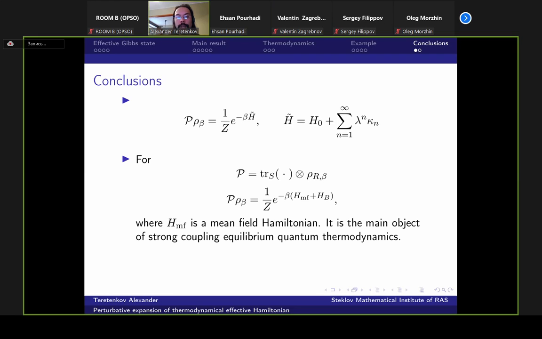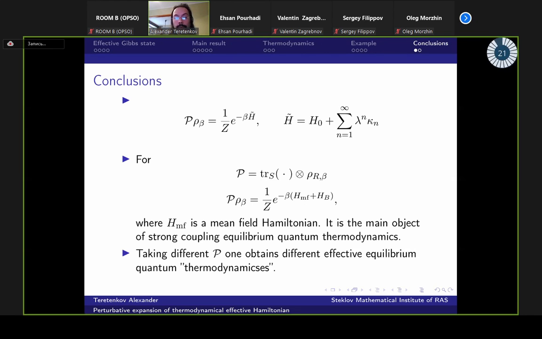Okay. Yeah, actually, conclusions. The main object of this strong coupling equilibrium quantum thermodynamics is the mean force Hamiltonian, and it could be obtained exactly in this setup just by another projector, which is usually used to derive standard quantum master equations.